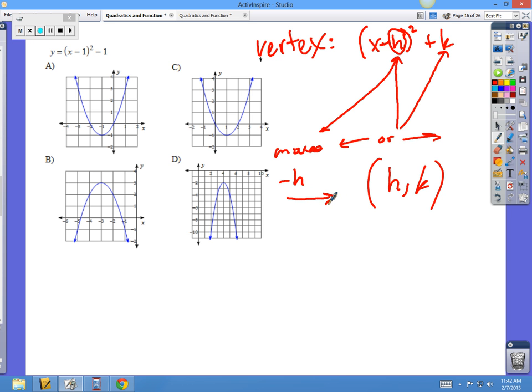You go to the right. If it's a positive h, that goes to the left. But this k right here moves it up or down. So a positive k goes up and a negative k goes down.